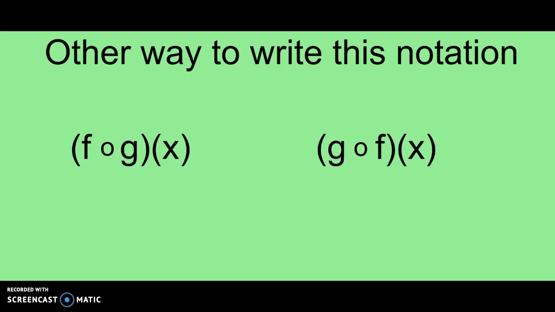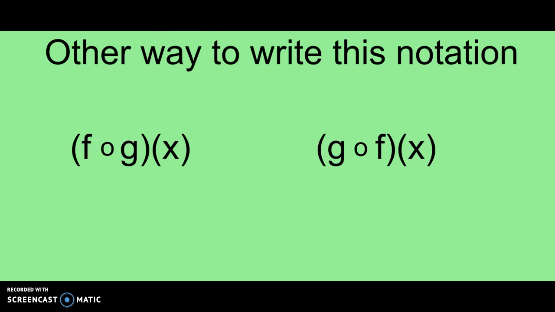Let's try another one. Here's another way to write this. You might see this little O in there. It looks like the word fog. Sometimes it gets fun if you use the letter H, you get hog. Anyway, this means f of g of x. It means the same thing, it's just a different notation.